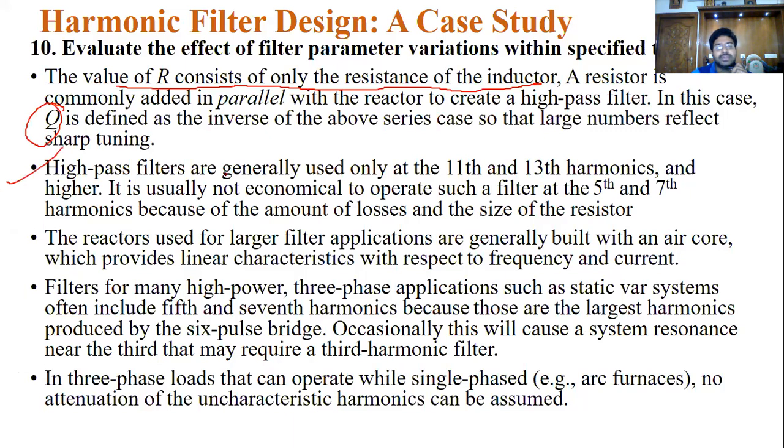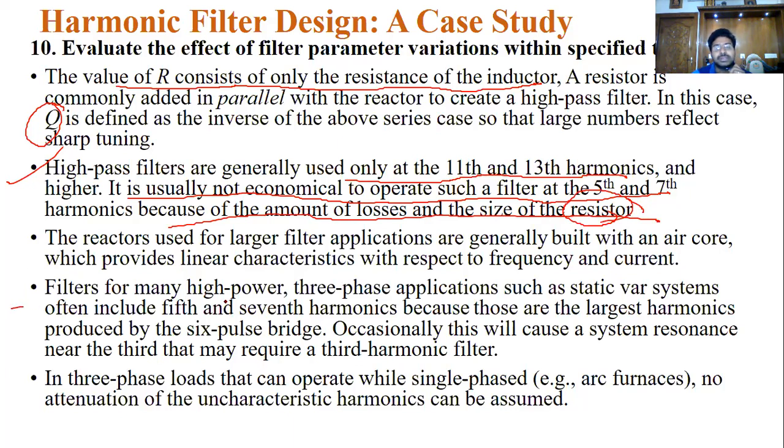For high pass filters, they are generally used only for the 11th and 13th harmonics and higher. It is usually not economical to operate such a filter for 5th order and 7th order harmonics, because of the amount of losses and the size of the resistor value, which are also very important in this case.